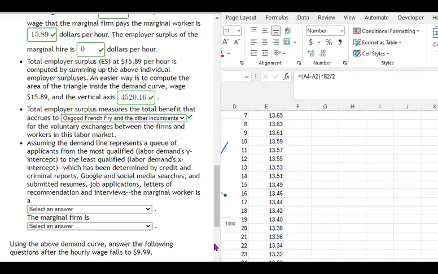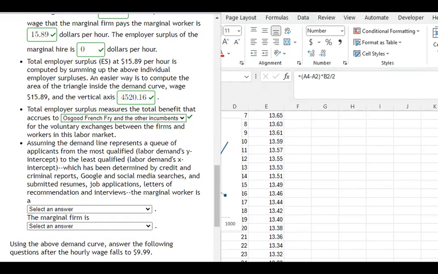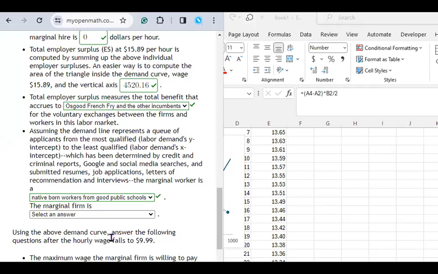The marginal worker is whom? Who's the marginal worker? Well, they're going to be the native-born workers from good public schools, because the migration hasn't occurred yet. And we assume that native-born workers from good public schools were in this labor market.